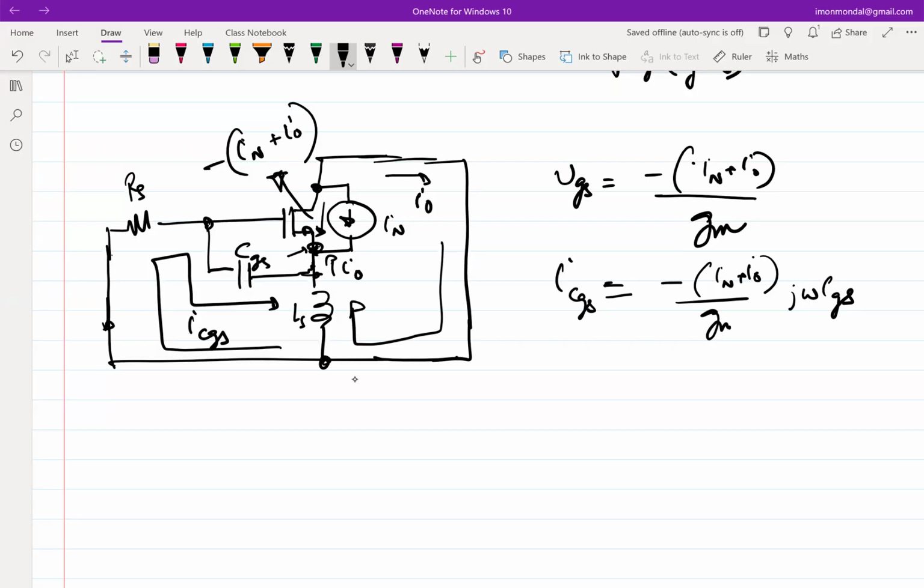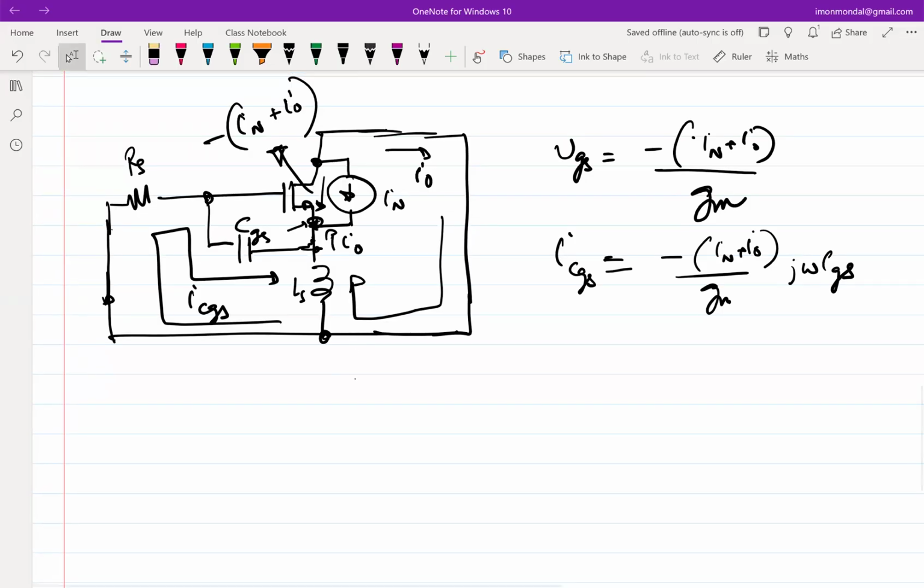Okay. So then what is this current? This is I naught. So I'm to find out this current. This current is basically ILS, is essentially I naught minus ICGS, right?